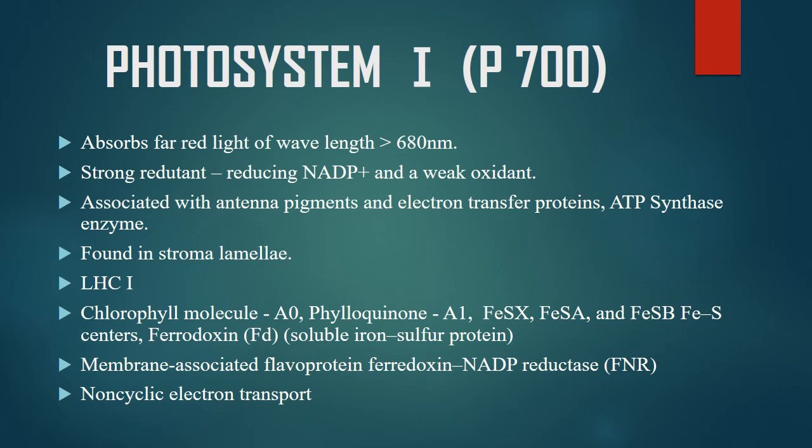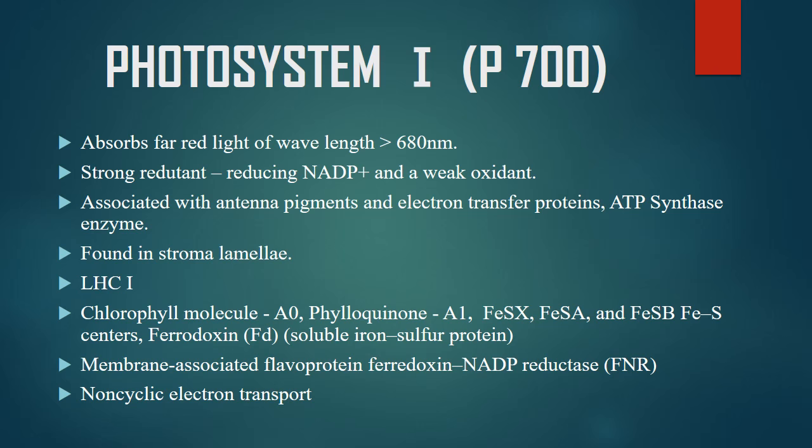Additional electron acceptors include a series of 3 membrane-associated iron-sulfur proteins, or bound ferredoxins, also known as FeS centers. They are FeSX, FeSA, and FeSB.